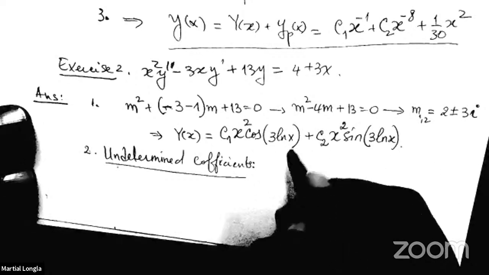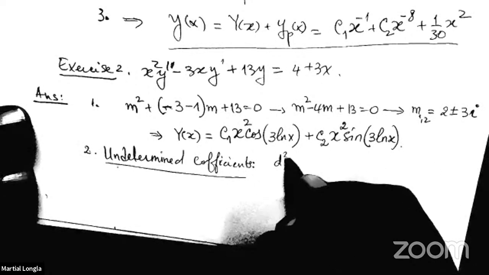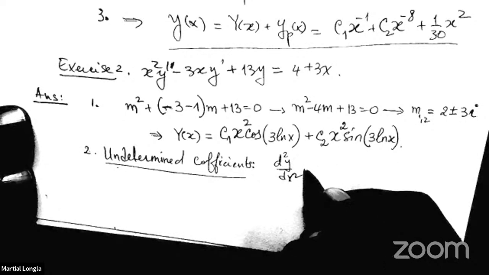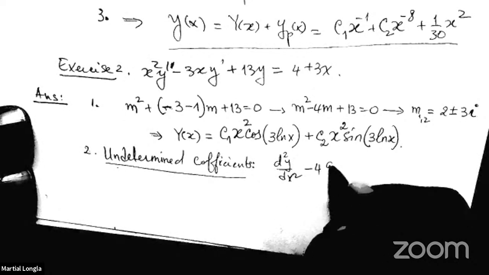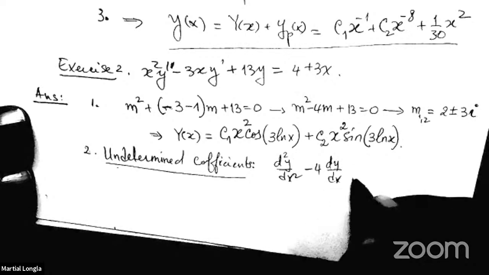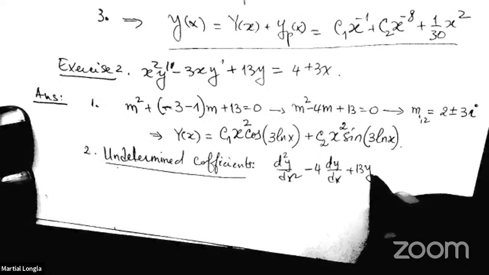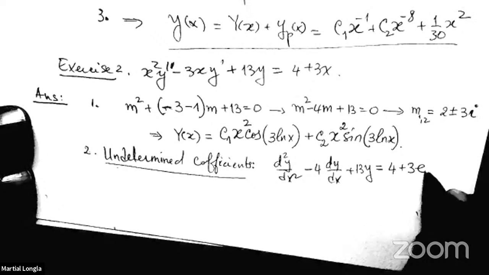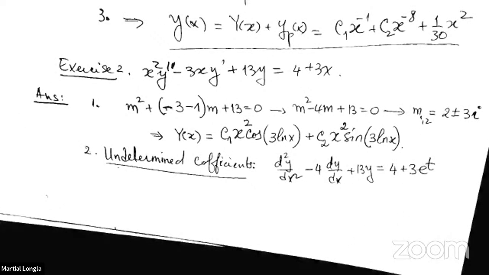And so my equation is going to turn to d2y over dt squared minus 4 dy over dt plus 13y equals 4 plus 3e to the t, where x is e to the t. That's it. You can see it's a simple problem.